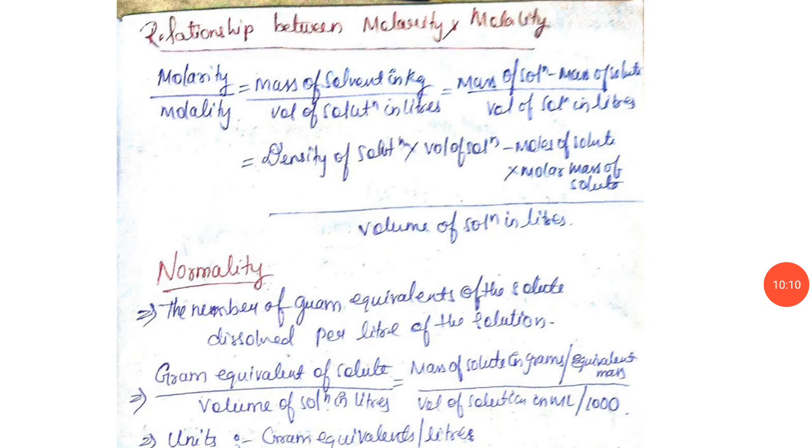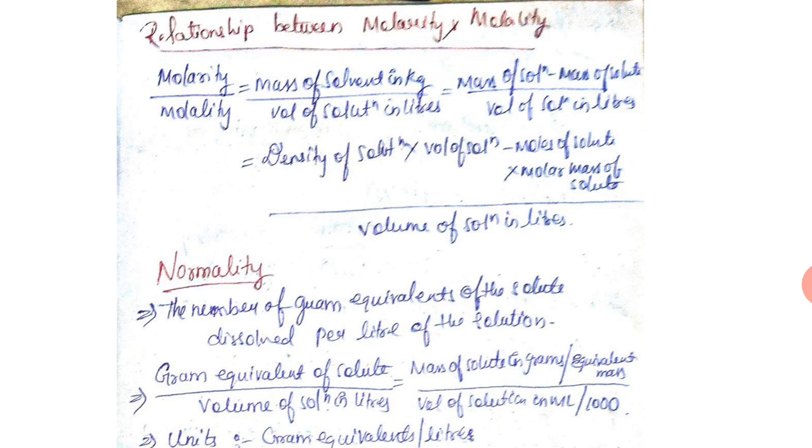Okay, continuing, molarity by molality, if we take a ratio, then mass of the solvent in kg by volume of the solution in liters is equal to mass of solution minus mass of solute. If we subtract solute from solution, we get solvent. It is very easy. And volume of the solution in liters.